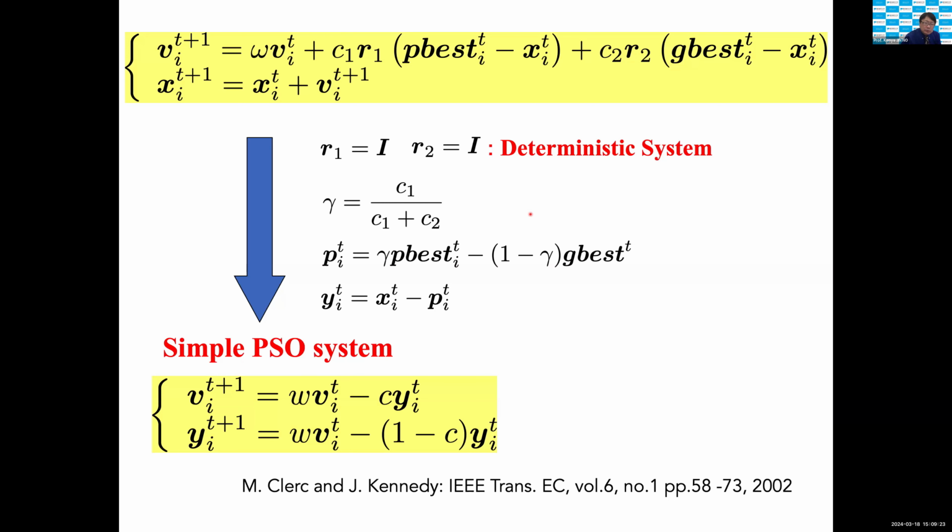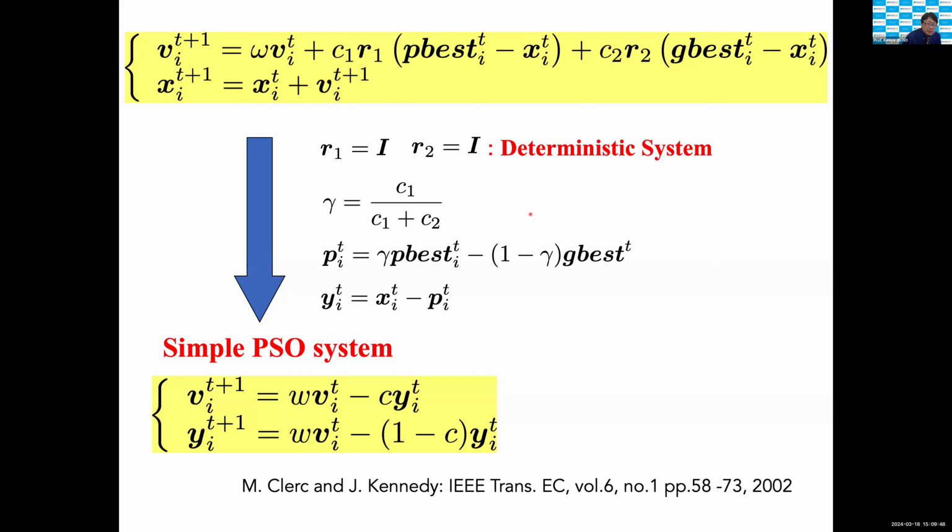While there are 2 acceleration coefficients, C1 and C2, we combine them into a single coefficient for this analysis. Likewise, P-best and G-best are converted into a single parameter P by introducing a relative weight.